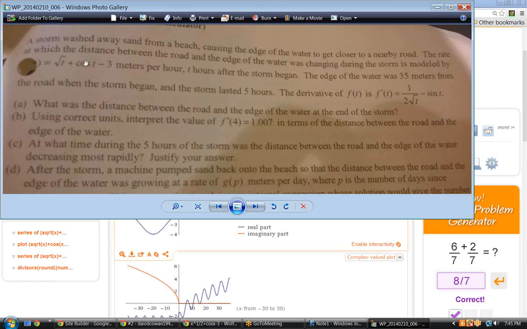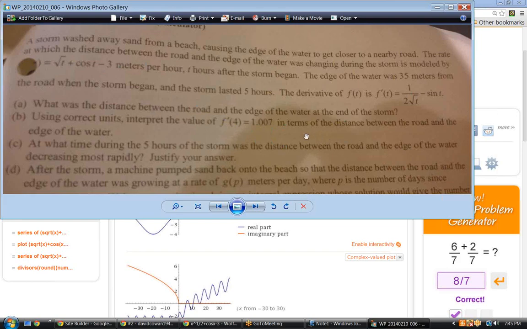In other words, this is the velocity function, the rate at which it's washing away the road. This is the rate of change of that. In other words, this would represent the acceleration of that rate. And so that's why when they take the first derivative of this function, we're essentially getting an acceleration function.